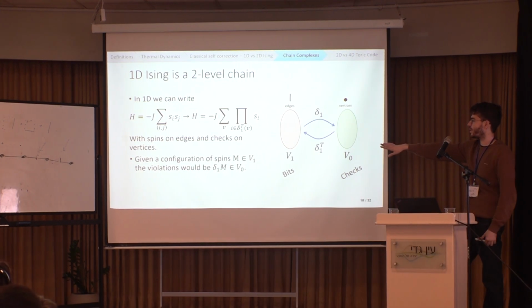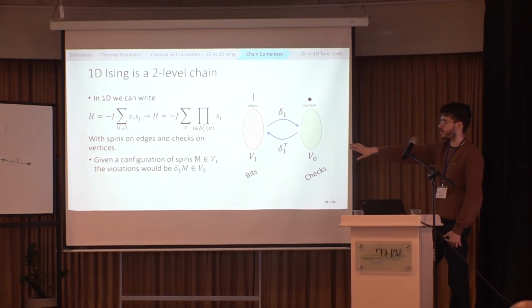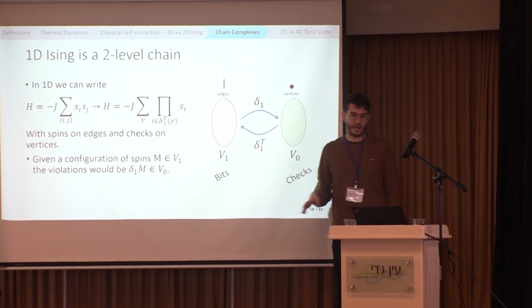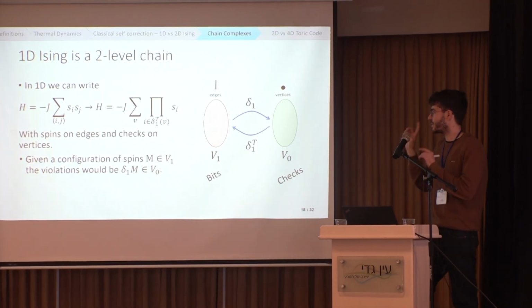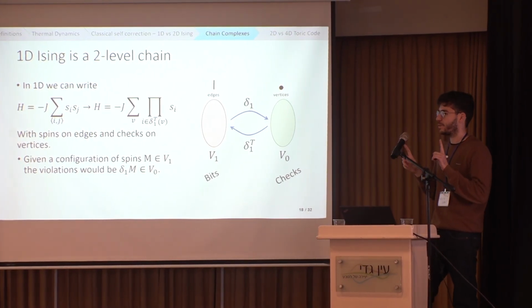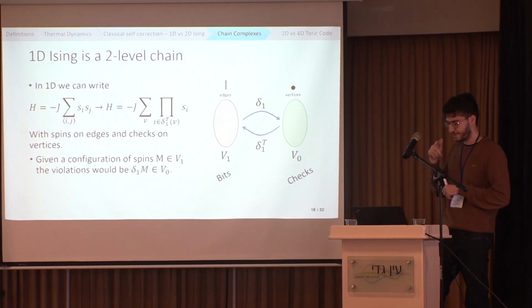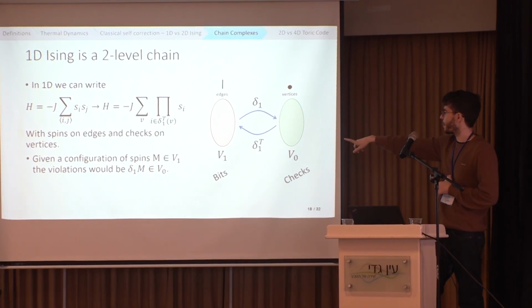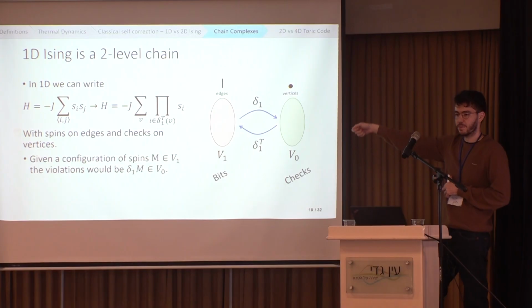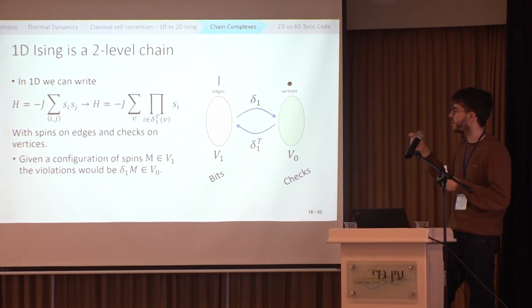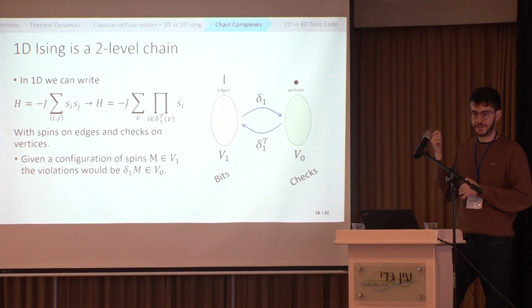This means that if we have a configuration of spins which lives in V1, which means that we have, let's say, 1 for each spin up and 0 for spins down, when we apply delta 1 on this configuration, we get all the triggered checks, all the violations.